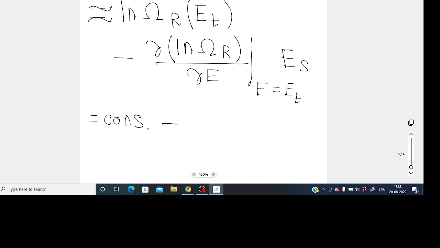Now what is this second term? I will denote the entropy by k_B log of omega, so we can write it like this.